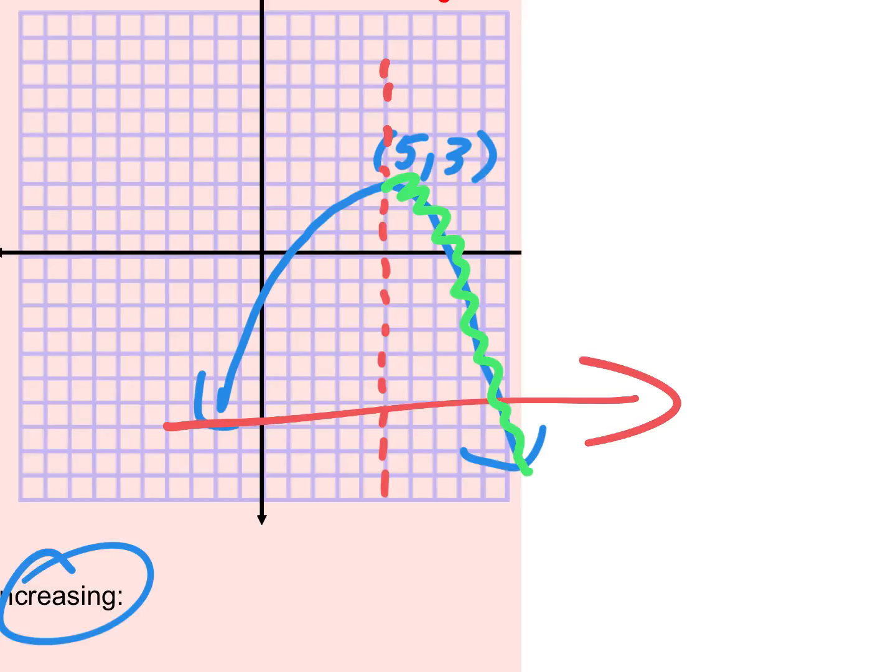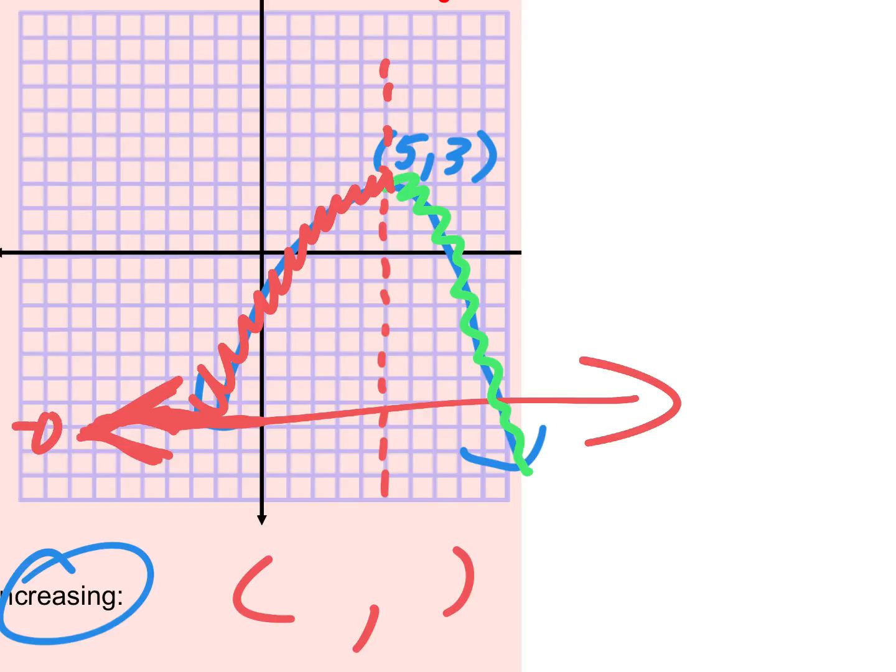Okay. So I'm going to divide it in two parts. There's that part, and then there's this part. Is the red part going up, or is the green part going up? Okay, so the red part's going up. So it's increasing from, and it's always going to be a comma in between two parentheses, what's way over here, way to the left? Caroline, what's way to the left? All right, you better learn this.